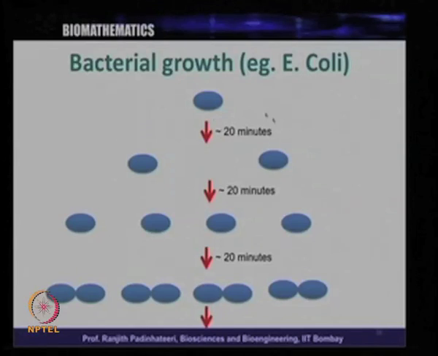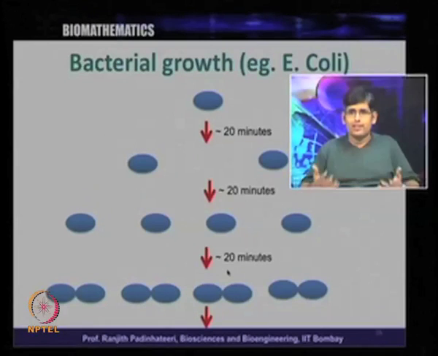That is a typical time with which bacteria divide, and it again divides into 2, each of them divides into 2. So, again 4, they again divide, each of them into 2. So, 8 and so on and so forth: 2, 4, 8, 16, 32. Then it just keeps increasing.